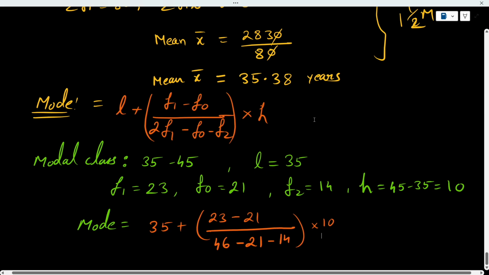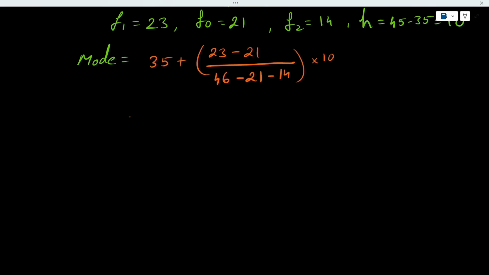All the calculation you have to do one by one. 35 plus what is left in the numerator? It is 2. Then 46 minus 21 minus 14 is 11. 25 minus 14, it is 11. And then into 10, right?